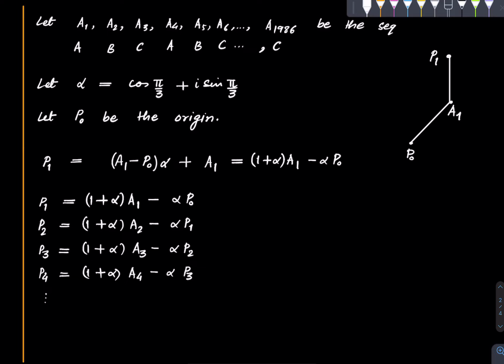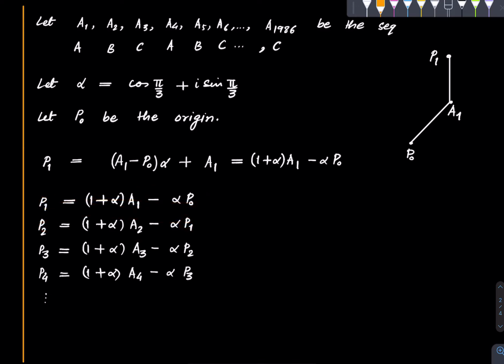All right. So what we will do is we will express P1986 purely in terms of these AIs. To get there, one can get there directly, but let's see what is P2. So what we will do is we will eliminate P1 from this equation, because we already know the expression for P1.